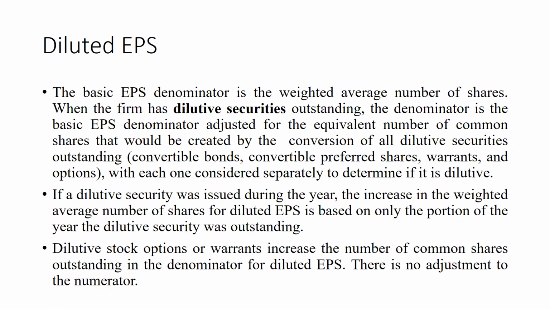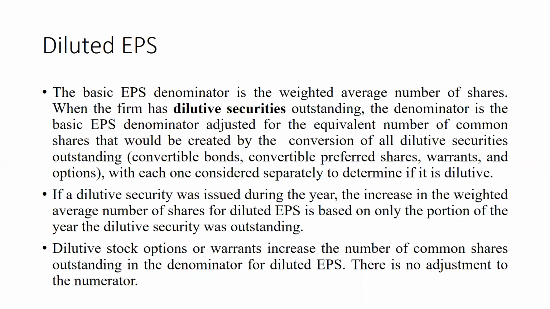Each considered separately, it will affect the diluted denominator. If a dilutive security was issued during the year, it increases the weighted average number of shares for diluted EPS, but based only on the proportion of the year the dilutive security was outstanding.